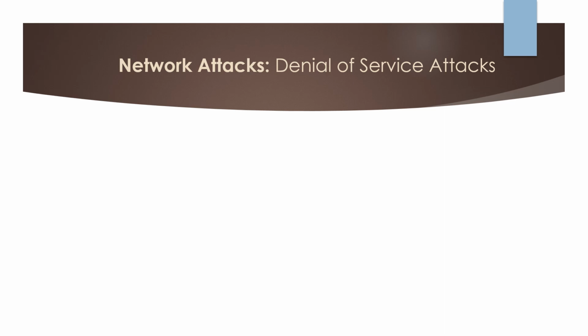And there are two types of denial of service: the denial of service attack and the distributed denial of service attack. The first one is a major risk because it interrupts communication and causes significant loss of time and money.